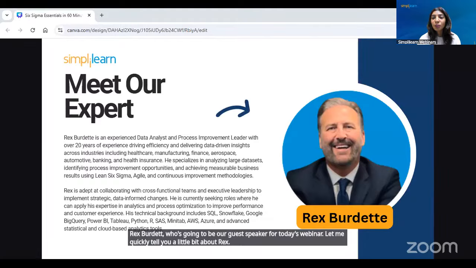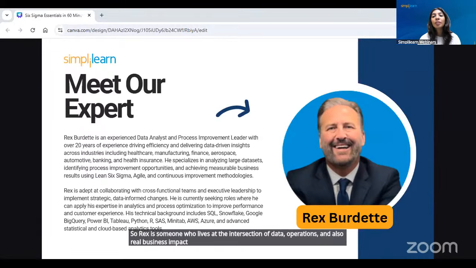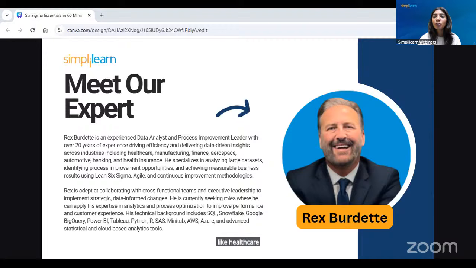So Rex is someone who lives at the intersection of data, operations, and also real business impact. He has spent over 2 decades helping organizations move from reacting to problems to solving them systematically. And what I really appreciate about Rex's background is that it's not just about theory. He has worked across industries like healthcare, finance, automotive, and insurance.